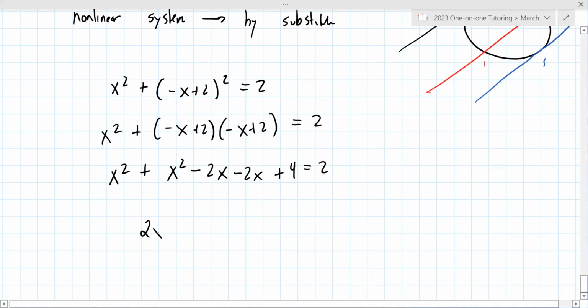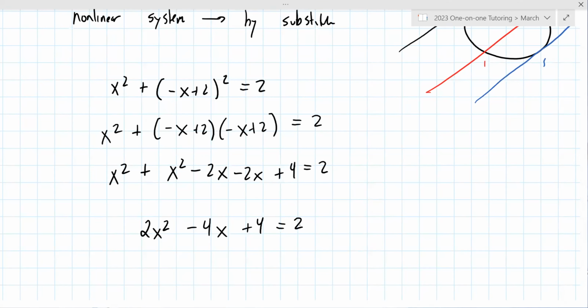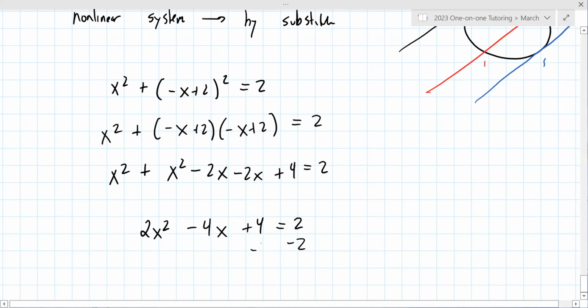So it'd be 2x squared minus 4x plus 4 equals 2. You move the 2 over by subtracting 2, so it's going to be equal to 0. So you got 2x squared minus 4x plus 2 equals 0.